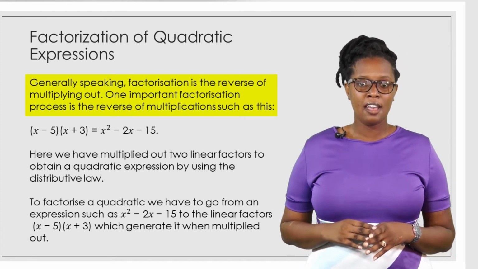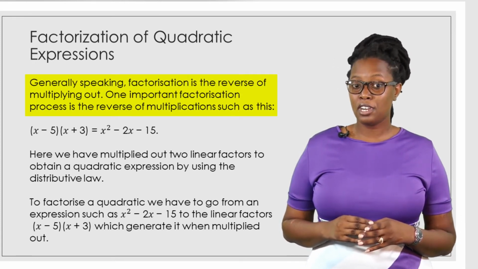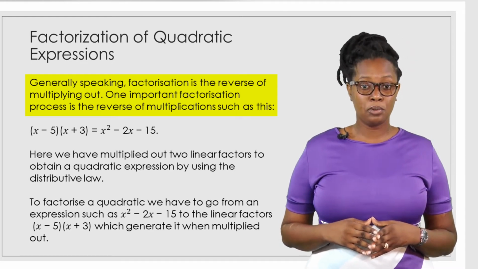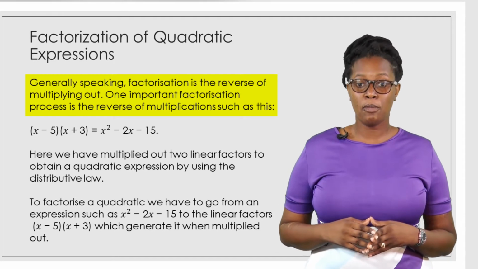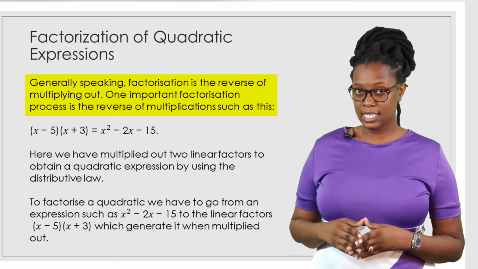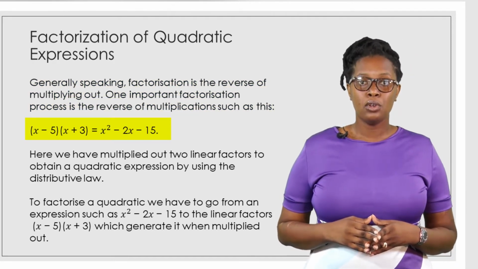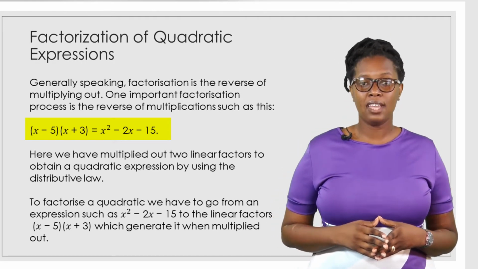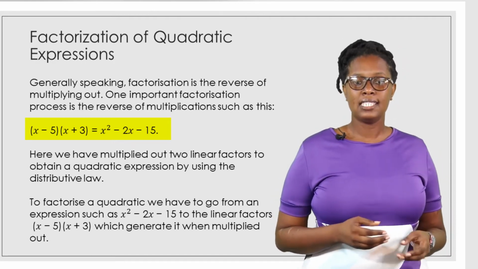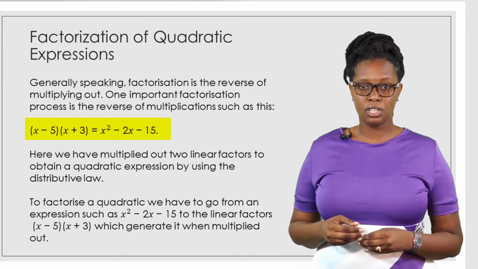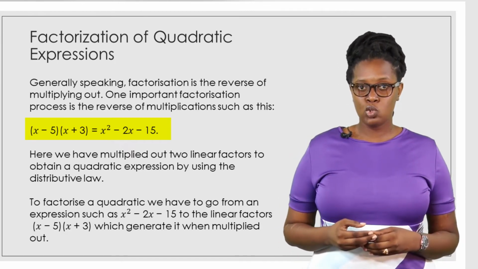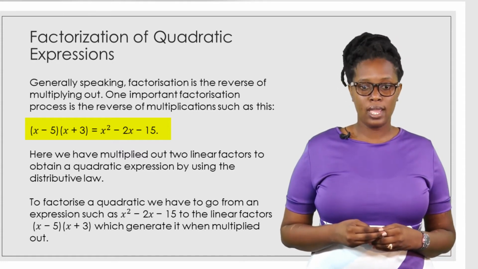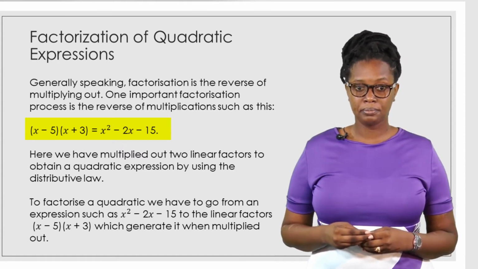Generally speaking, factorization is the reverse of multiplying out. One important factorization process is the reverse of multiplication, such as this. If we have two brackets to multiply, in the first bracket we have x minus 5, and in the second bracket we have x plus 3. When we multiply these two brackets, we would end up with x squared minus 2x minus 15.